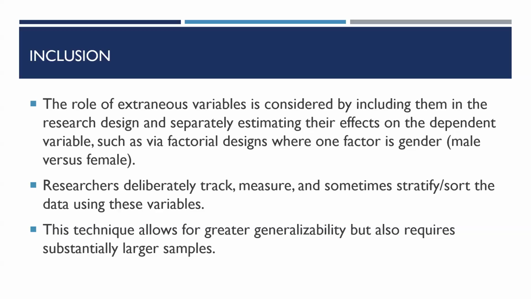Next, we have inclusion, which is better than elimination. We include those extraneous variables. So when I'm testing out the effectiveness of this GLP-1 medication, I talk to men, women, people of other gender identities. I talk to people of all socioeconomic statuses. I get data from all of them, but I also document their gender.